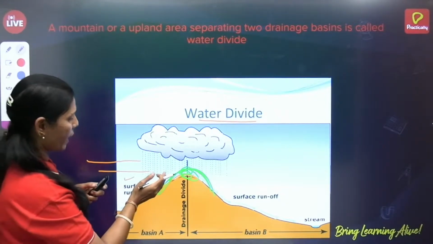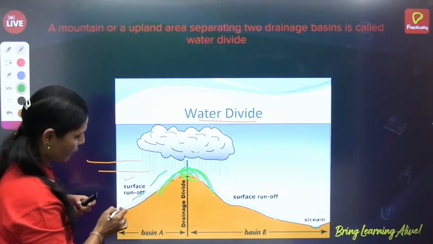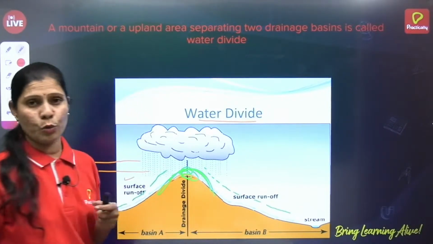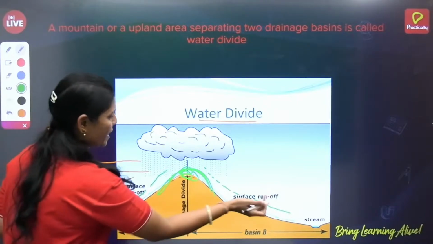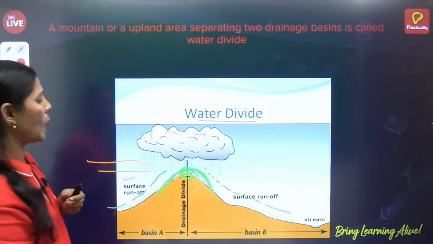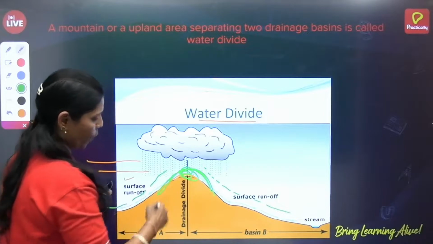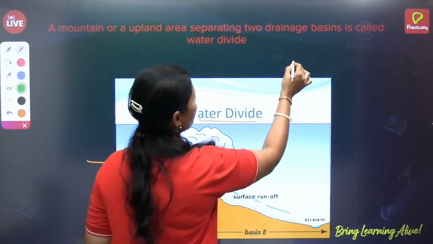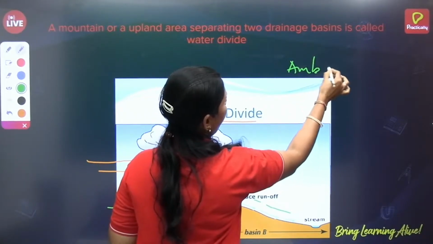Because of this uplifted land, the rivers are getting divided here. The water on this side travels to these areas, and the water on this side journeys towards this side. Okay, that means east side and west side. So we call that the water divide. Such a water divide we find in India, that is Ambala.